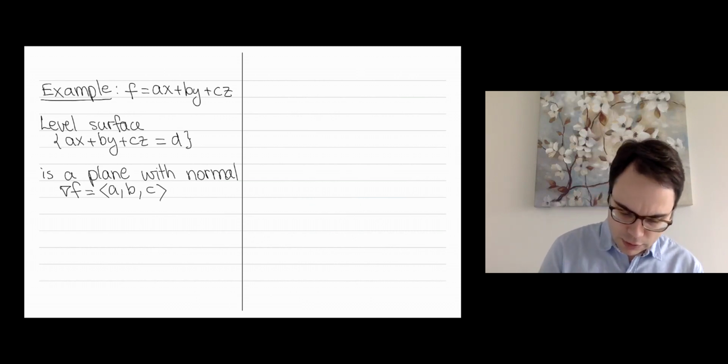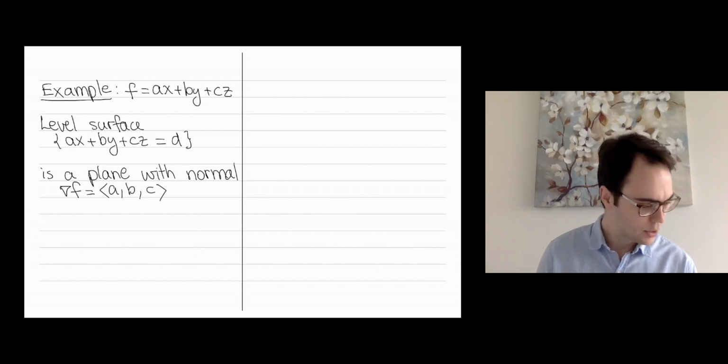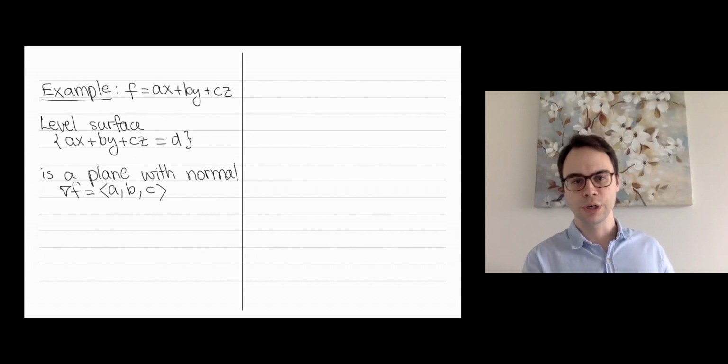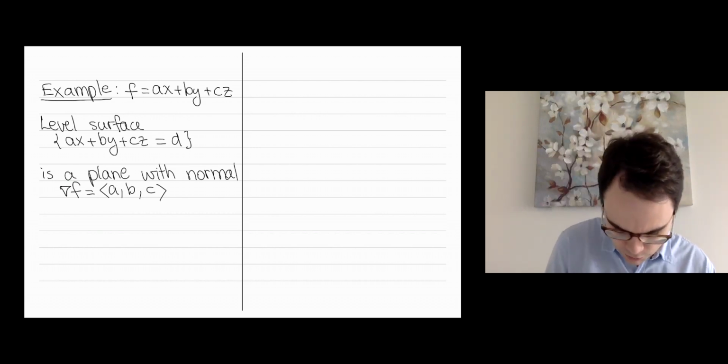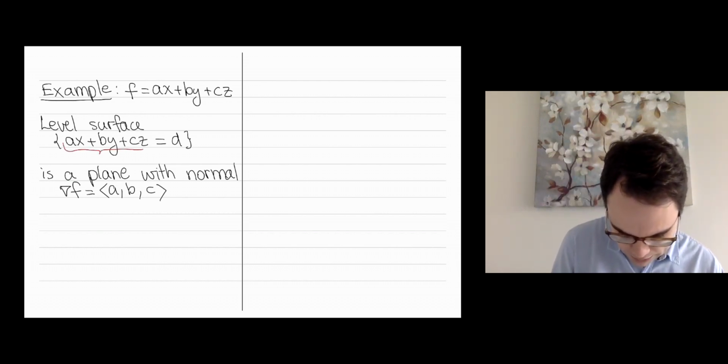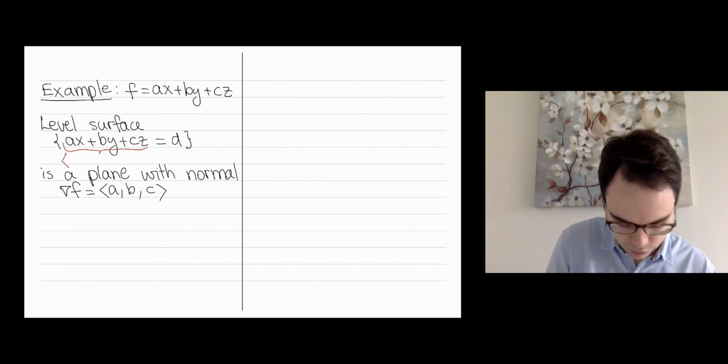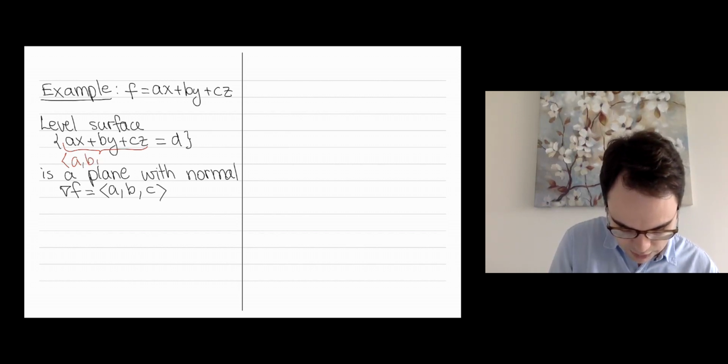So let me try to give you an idea why this works, why this is true without resorting to the theorem. Let me look at the left-hand side. It really is the dot product of two vectors, right? One vector is ABC, and the other vector is XYZ.